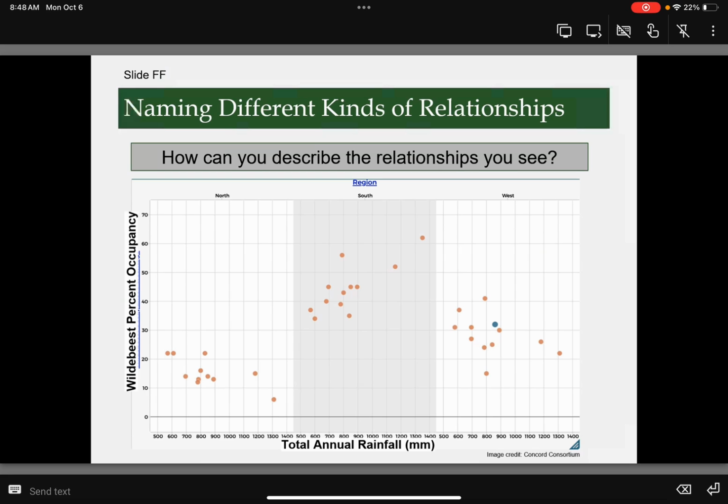And when you're done with that, you can write down what relationship you see for the south and what relationship you see in the west.